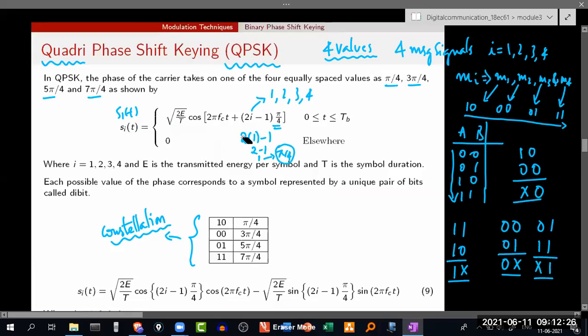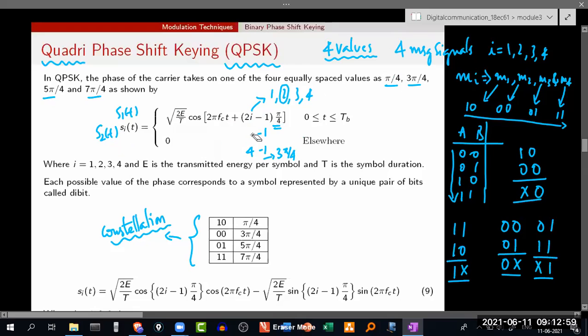Likewise, if I substitute i as equal to 2, I'll get my second signal S2 of t, where 2 into 2 minus 1. So what is 2 into 2? 2 into 2 is 4, 4 minus 1 is 3, and in turn, I'll be getting my second phase value as 3 pi by 4.